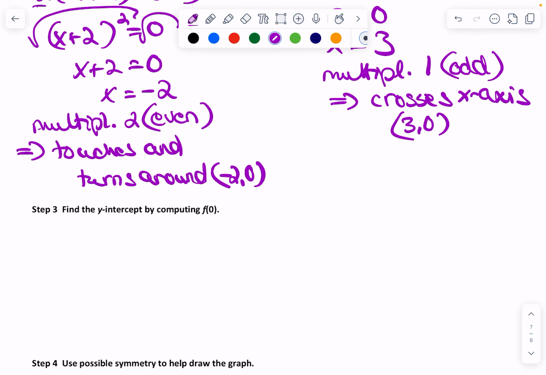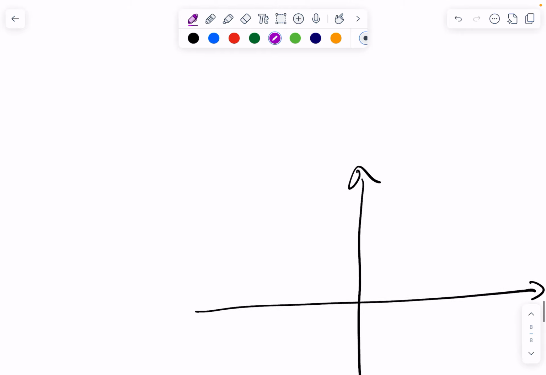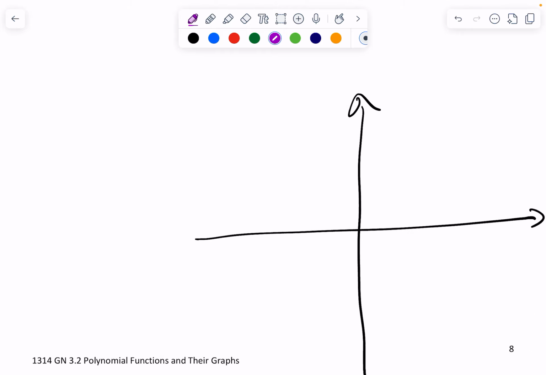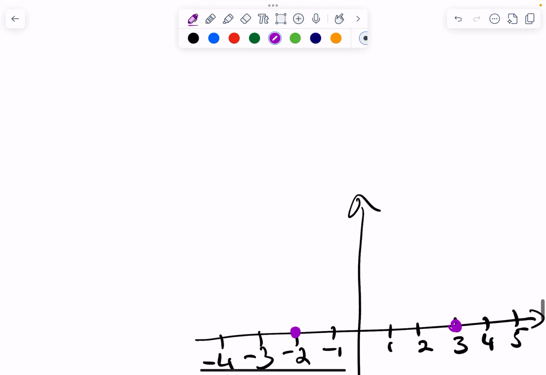Negative 2, 0 and 3, 0. Negative 1, negative 2, negative 3, negative 4, 1, 2, 3, 4, 5. So negative 2, 0 is here, and 3, 0 is here. And we know that it crosses at one, and at the other it doesn't. We just don't know which way it's going yet, but those are our zeros.